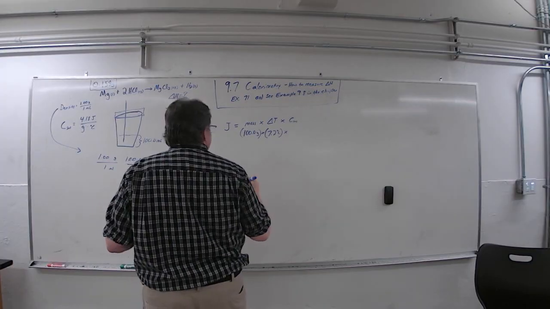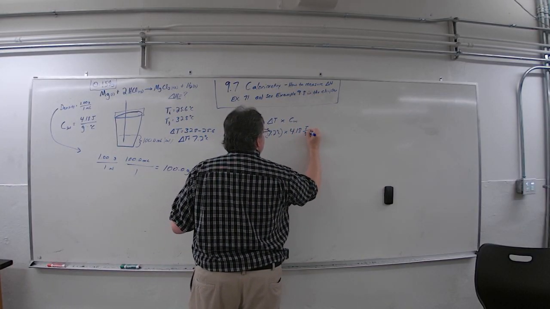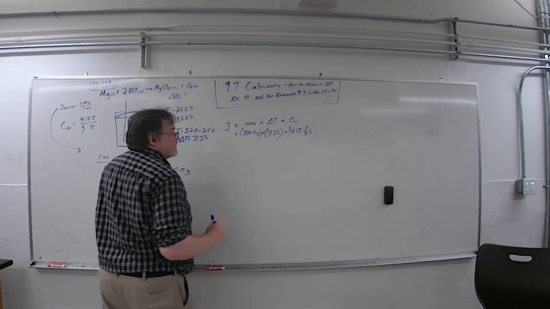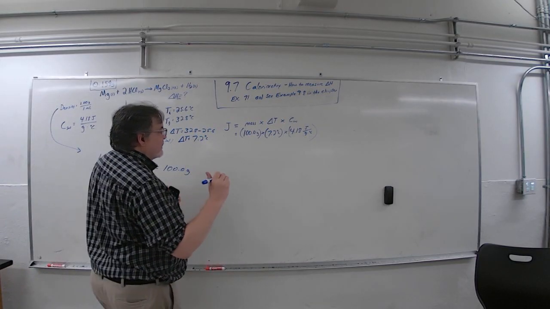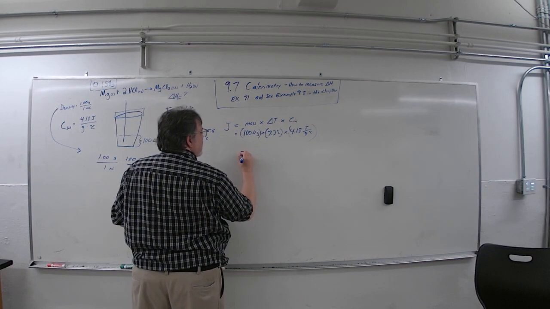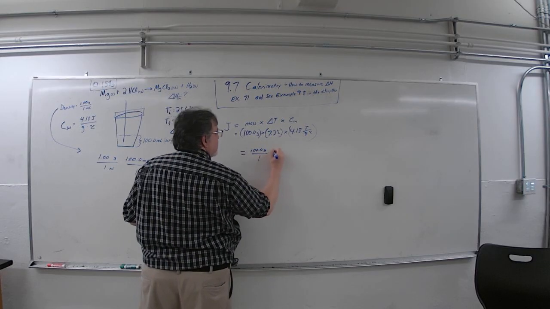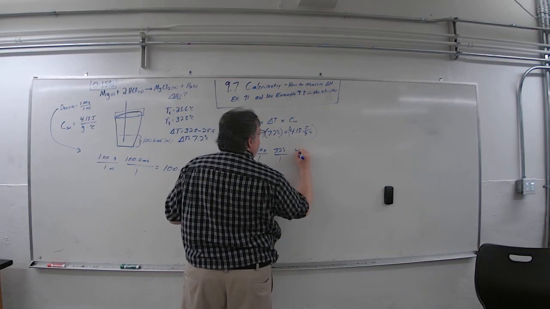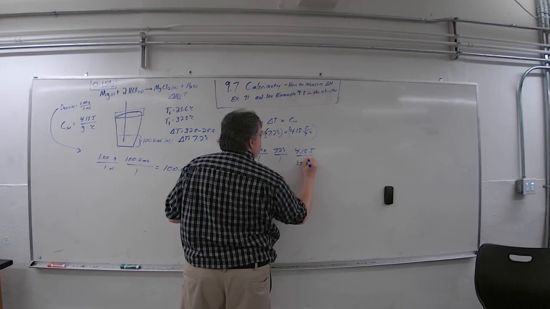And what we're using for heat capacity is 4.18 joules per gram per degree C. That'll tell you how many joules came out of the reaction. We did a similar calculation before, but it would have looked like this: 100 grams, delta T 7.2, and then 4.18 joules per gram.